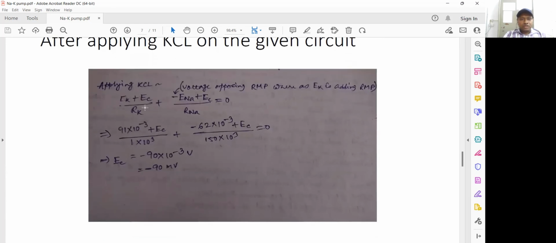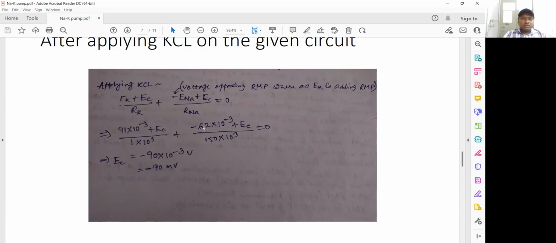So it is EK plus EC by RK plus minus ENA plus EC divided by RNA, which is equal to 0. Now we replace the values. EK we have taken as 91 millivolt, as millivolt it is 10 to the power minus 3, plus EC divided by RK's value, which we have taken as 1 kilo ohm, 1 into 10 to the power 3.